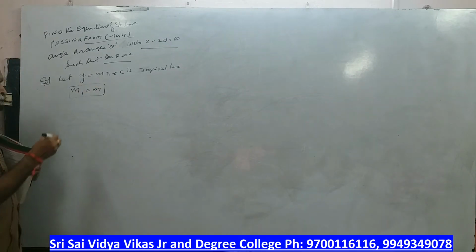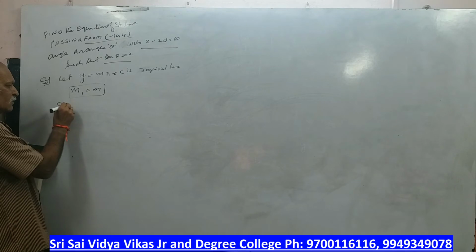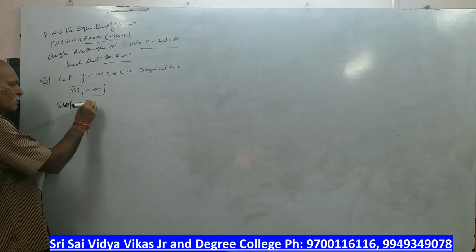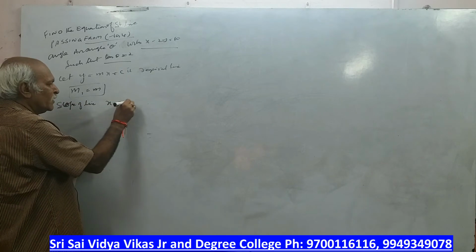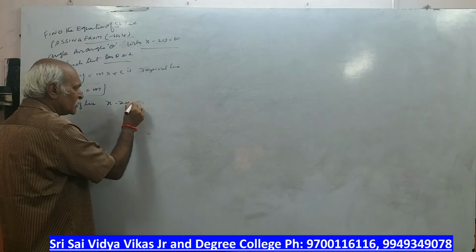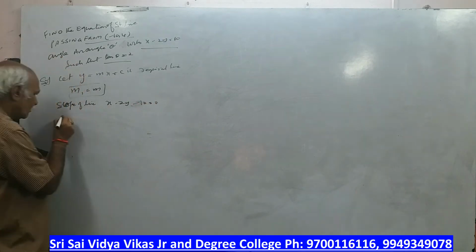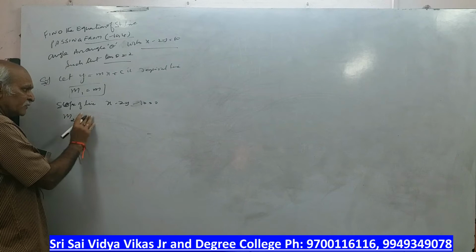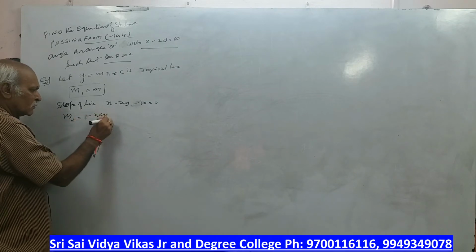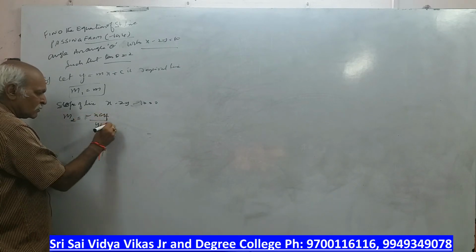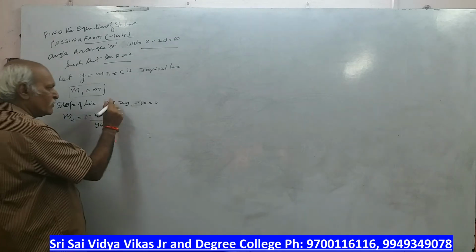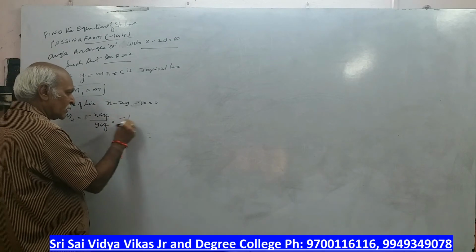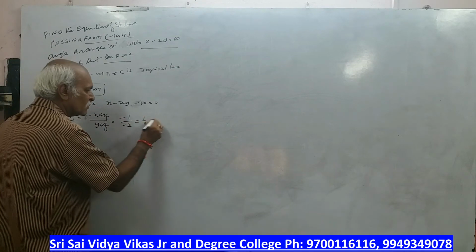Slope of the line x minus 2y minus 10 is equal to 0, what is the m2? Minus x coefficient by y coefficient. Here x coefficient is 1, so minus 1 by minus 2, that is 1 by 2.